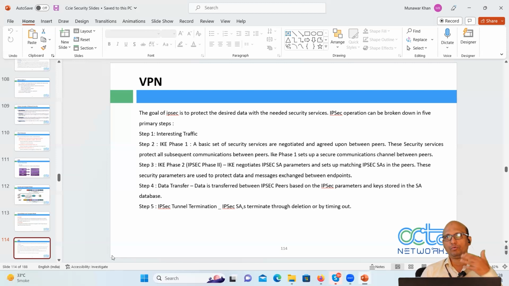If two sites or two locations are trying to do VPN, they will agree on some security services, and these security services will protect all the subsequent communication between peers. Make it a point that until phase 1 is up, your phase 2 will never come up. So it is very important that your phase 1 is successful.